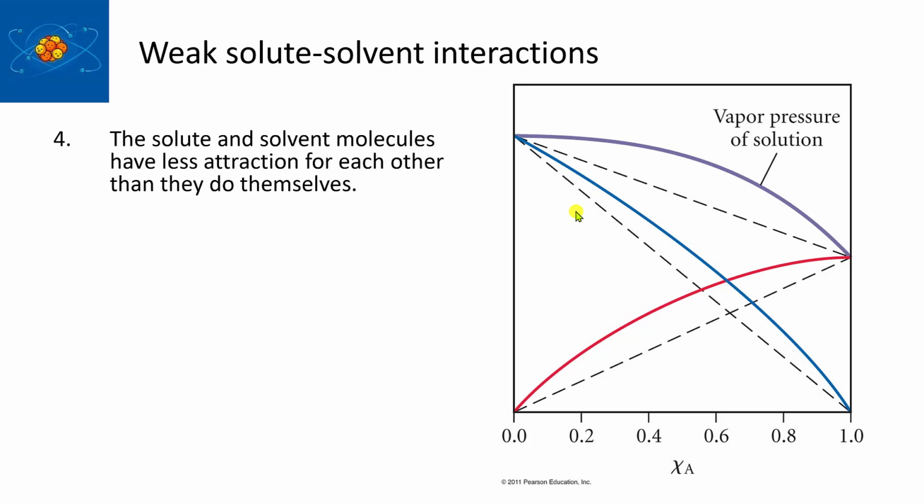When you have a solid in a solution that's non-volatile, it affects the vapor pressure by lowering it. Then the next two are solutions that are more stable than their individual solvents, which decreases the vapor pressure, and solutions that are less stable than their individual solvents, which increases the vapor pressure. So those are the four kinds of effects that we're looking at.